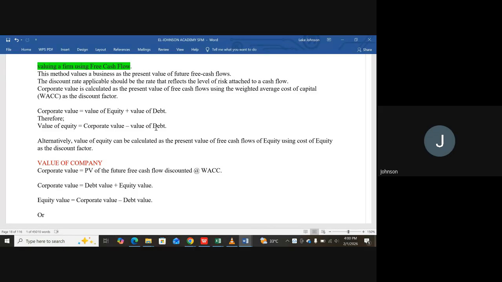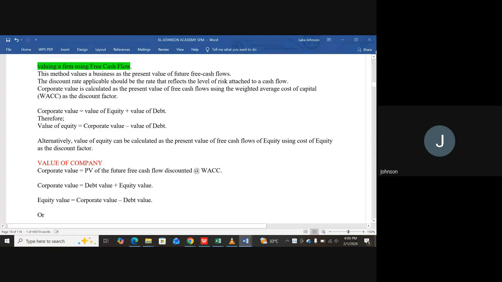Therefore, to get the value of equity alone, we take the corporate value and minus the value of debt from it. It will give us the value of equity alone. That's how we always do it.